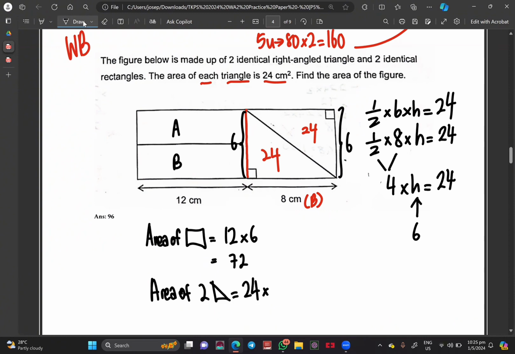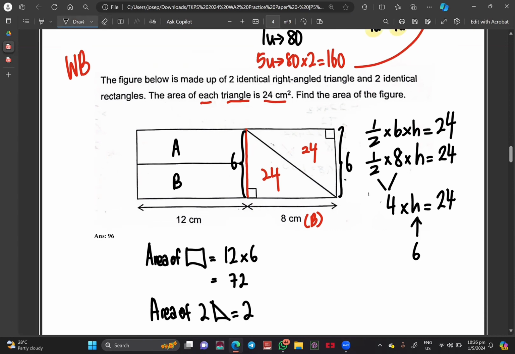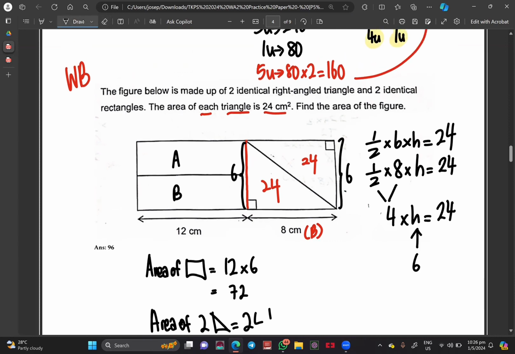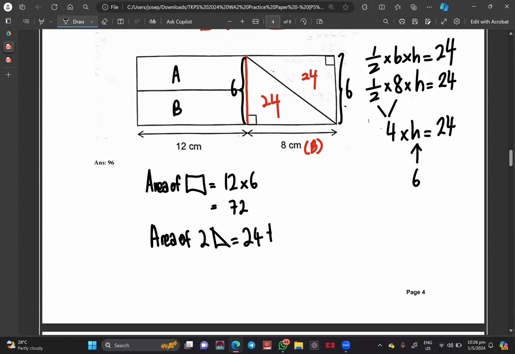So I am going to do 24 plus 24. I'm just going to write that down first. When I do that, I will get an answer of 48. Of course, you want to combine these two together, and therefore the area of the figure, so I'm just going to write total area over here, has to be 120 because I did 72 plus 48.